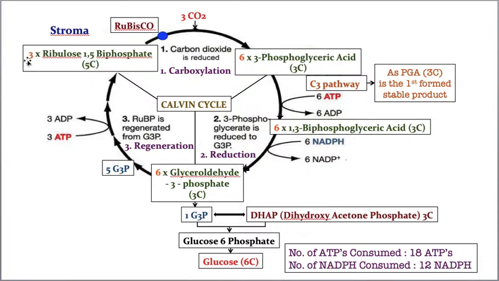Now please understand how many ribulose 1,5 bisphosphates are getting utilized. 3. So 3 5s कितना होता है, 15 कार्बन्स. Am I correct or not? Very simple logic, please don't get confused. एक रिबुलोस 1,5 बाइफॉस्फेट मॉलिक्यूल में, एक आरयूबीपी मॉलिक्यूल में कितना कार्बन है, 5 कार्बन्स. नाउ 5 3 कितना होता है, 15 होता है.